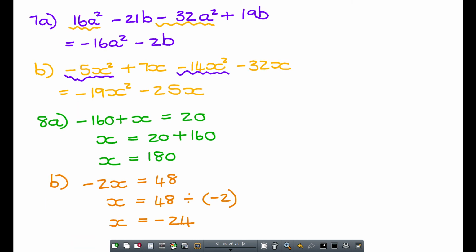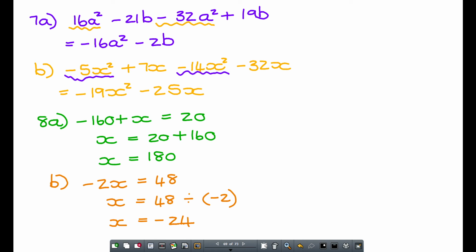Number 7 said simplify the following. So what I had to do here, before I can add or subtract, what can we add or subtract? Only like terms. What does it mean if something is a like term? Same variable or unknown, yes.